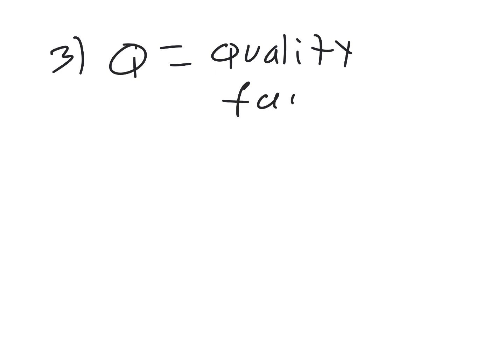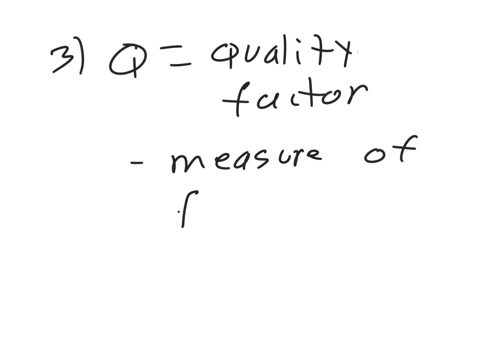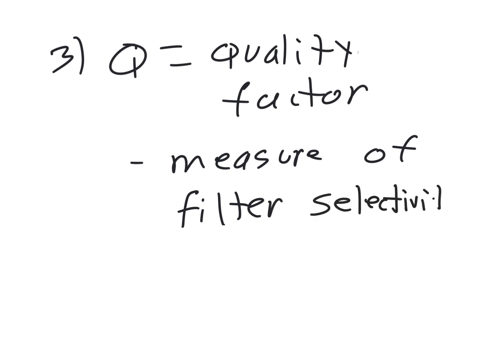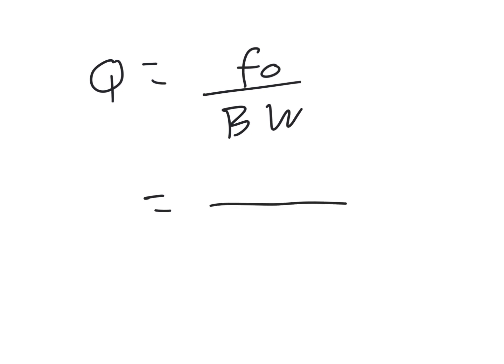the Q is the quality factor. The quality factor, which is just a measure of filter selectivity, is given by the equation Q equals FO over the bandwidth. Okay, so it's just a ratio.